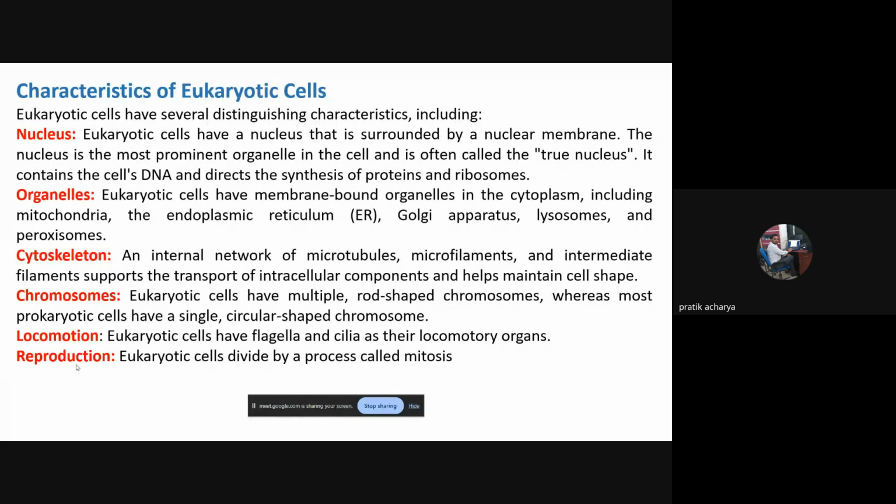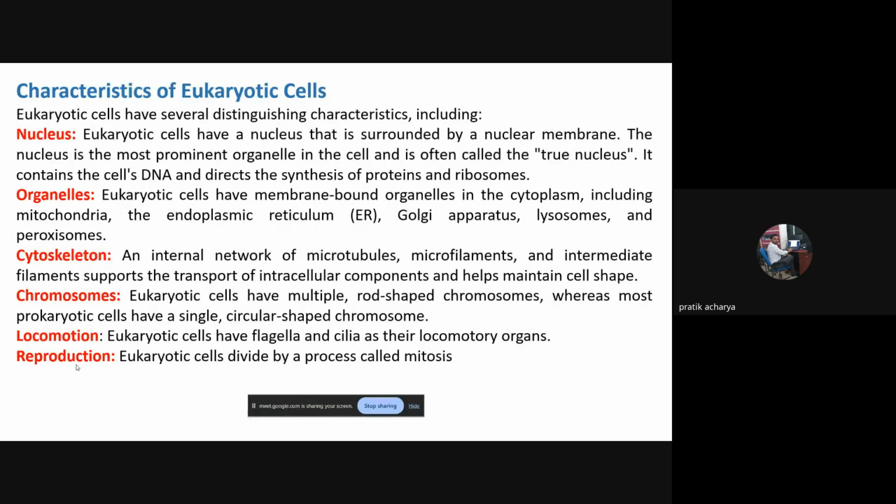Karyon means nucleus, eu means true. The DNA is enclosed inside the nuclear membrane. The nuclear membrane is well defined, which means the nuclear space is well defined. Then membrane-bound organelles like mitochondria, chloroplast in plant cells, Golgi apparatus, endoplasmic reticulum, all these kinds of organelles are present in eukaryotic cells.